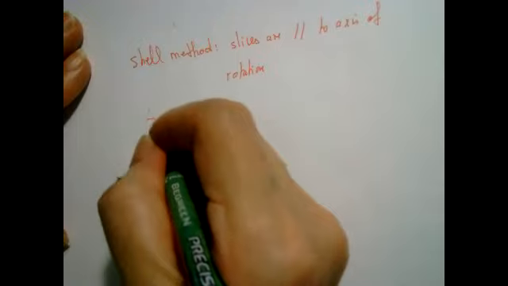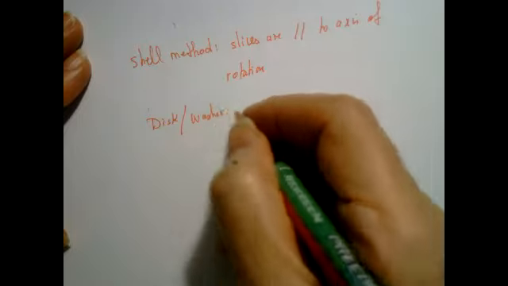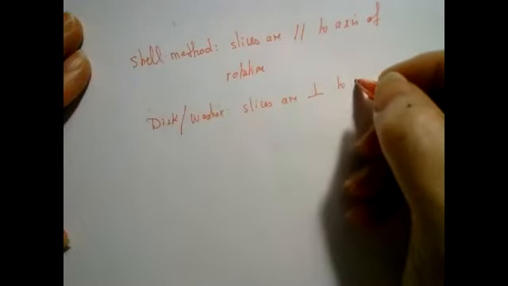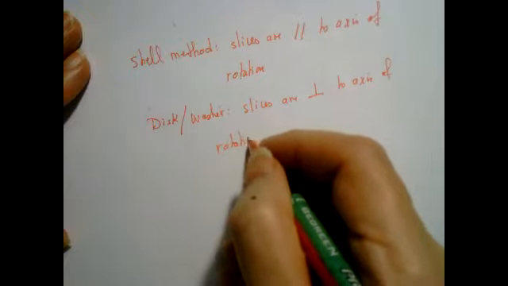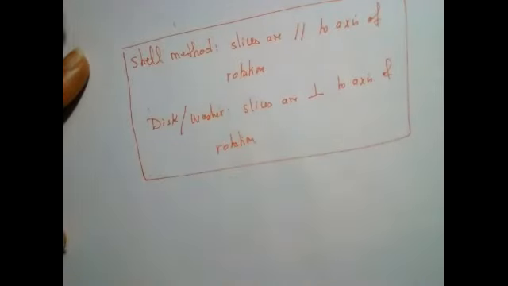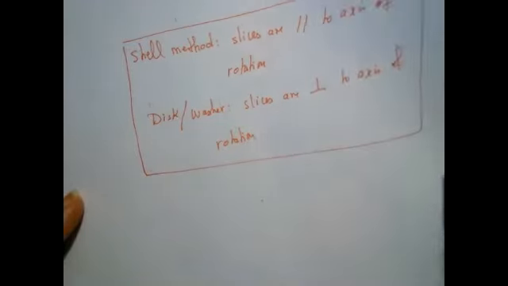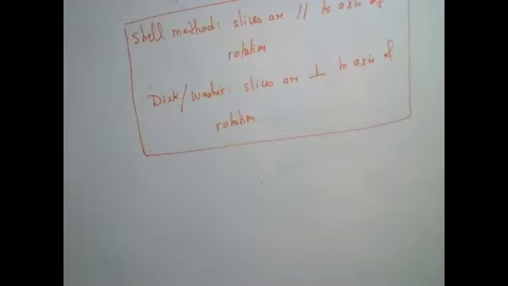And in the disc/washer method, the slices are perpendicular to the axis of rotation. This little remark will help you a little bit. And you should look at the problem: did you take vertical slices or horizontal? That tells you what the variable is. So disc versus shell, which method do you use?